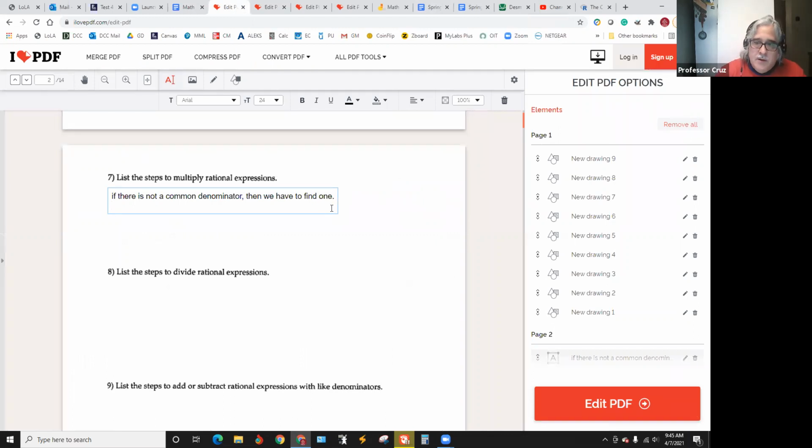So let's just say, I don't know how tricky they're going to be. Multiply each term by the factors necessary to get the LCD.